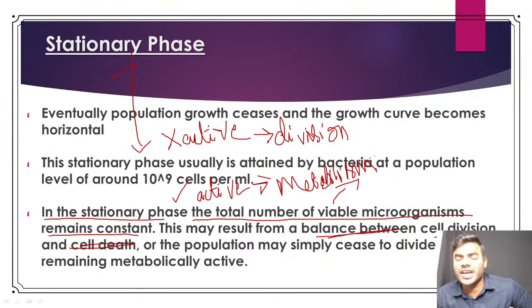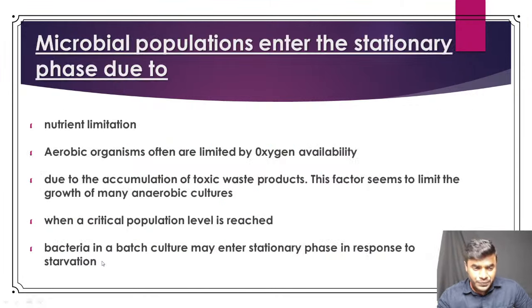So they can give a statement that the cells are metabolically inactive in the stationary phase, but the cells are more active in the form of division, which is an absolutely wrong statement. Cells are inactive only in terms of division. The cell is not greatly dividing, but the cell is metabolically, friends, extremely active.